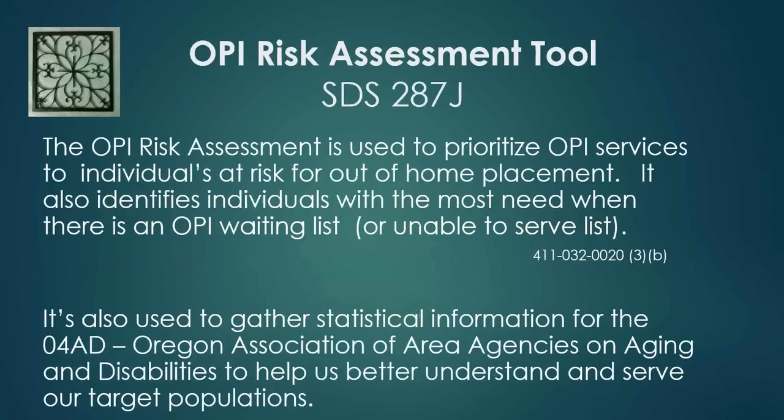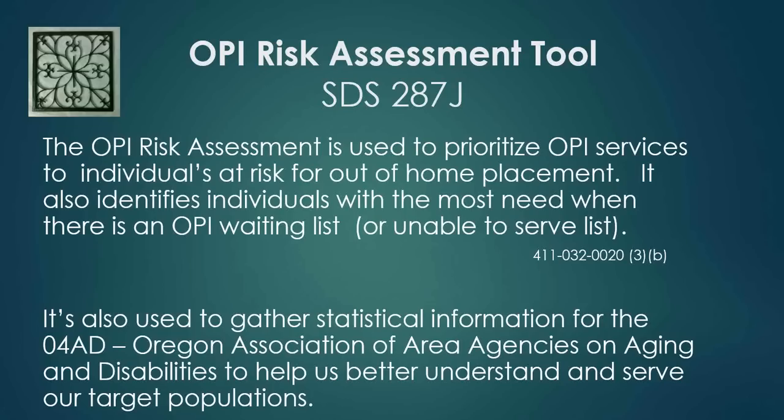So let's begin with one of the first forms that we're going to look at in greater detail, and this is the OPI Risk Assessment Tool. So I just want to talk for a moment about why we're using the OPI Risk Assessment Tool.